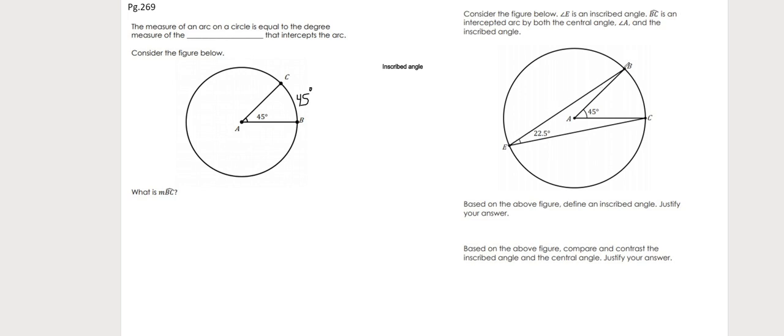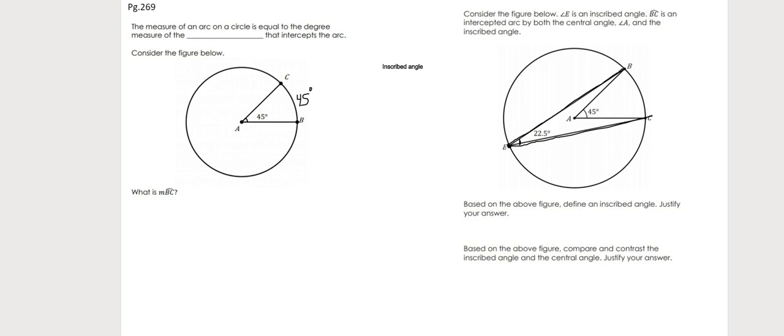If we take a look at angle BEC, notice the angle is touching the inner part of the circle. This is an angle that's not coming from the center anymore. BAC is a central angle, but this is an inscribed angle.